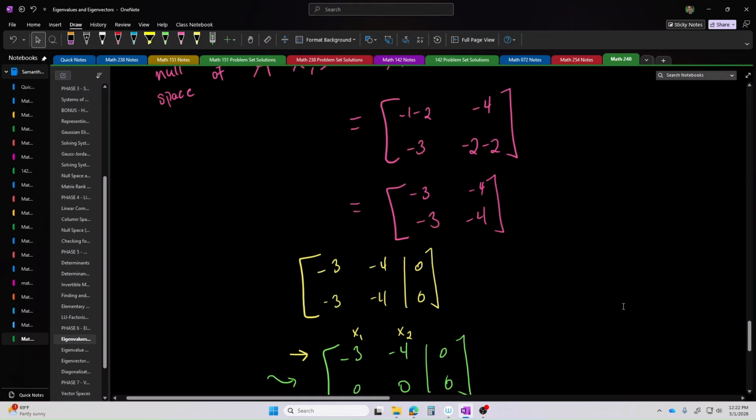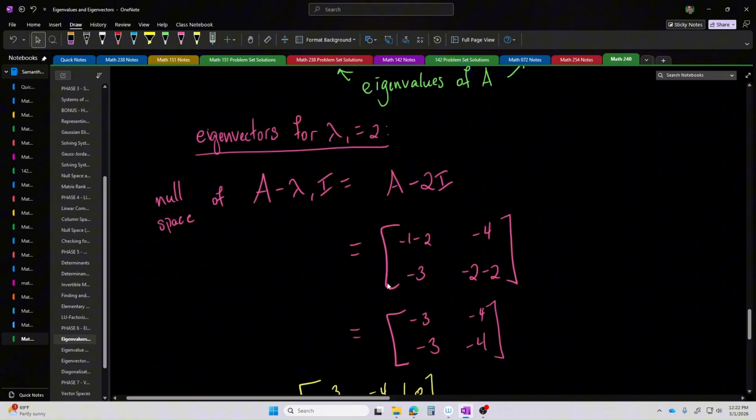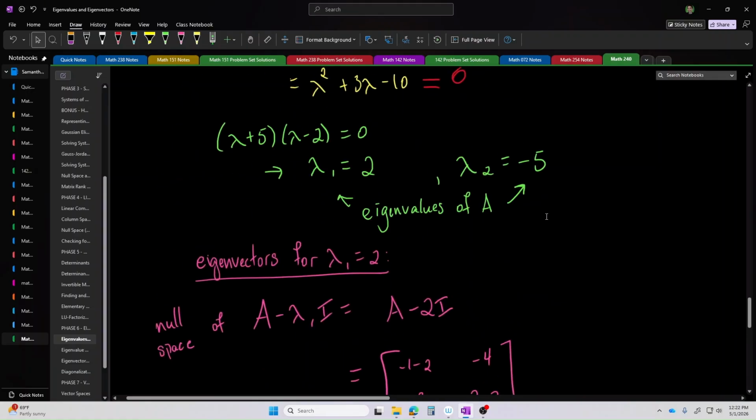Similarly, we can find and describe all the eigenvectors associated with the other eigenvalue.